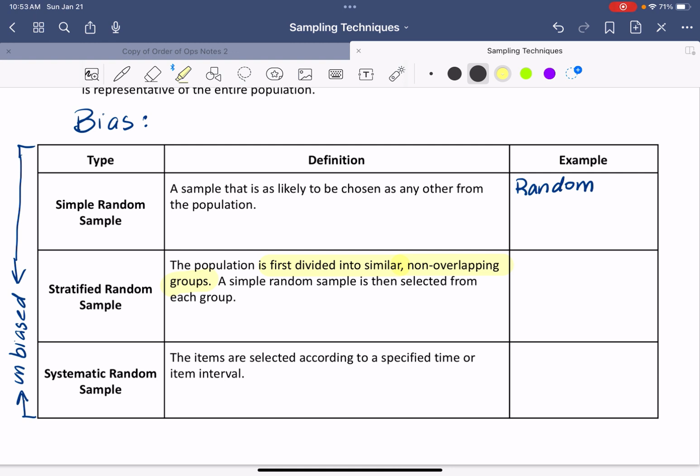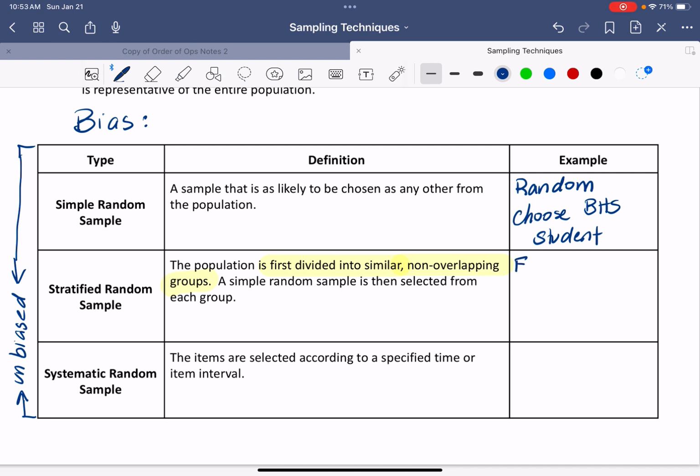So, going back to our high school students, our population, perfect example of that is before with a simple random, we're going to randomly choose a student, right? So you could say randomly choose a BHS student. But with a stratified random sample, now I'm going to create different groups. Well, in high school, we naturally have 4 different groups.